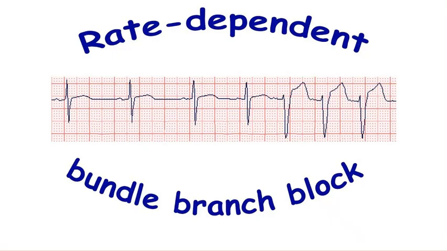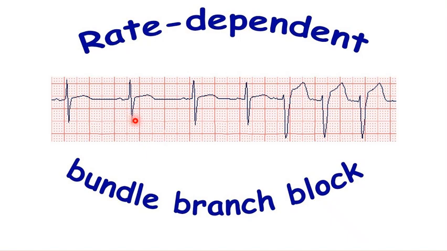Now, sometimes you hear terms like rate dependent bundle branch block. What you see is that as the person has a given heart rate and then the heart rate speeds up, the person's still in sinus, but the heart rate speeds up.